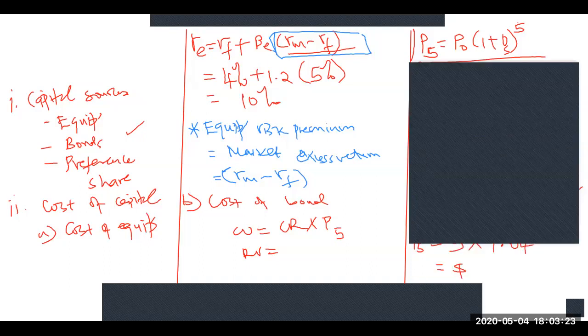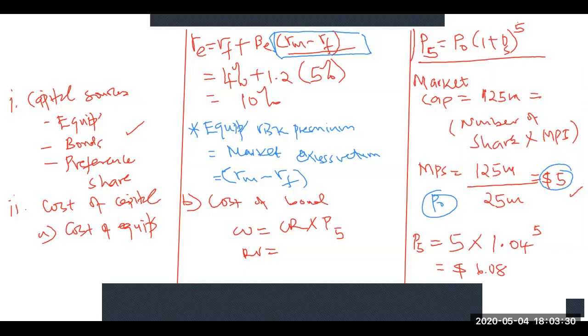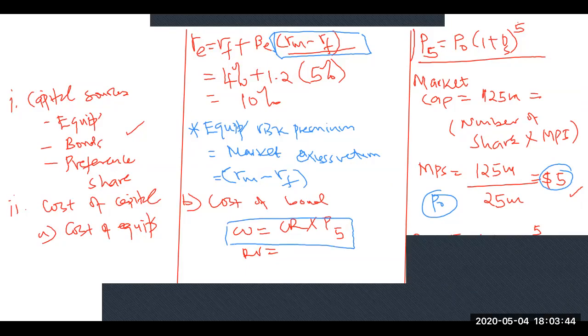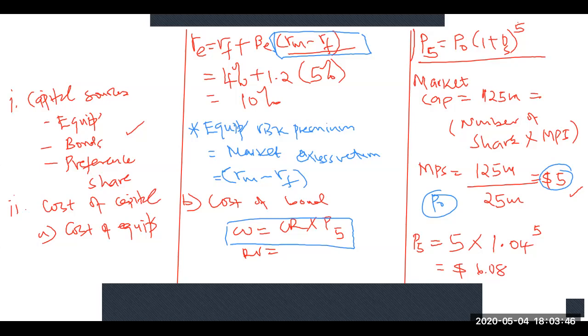We do get 6.08, the share price in 5 years' time. Now, having known the share price, we can estimate what is going to be the total market value of those shares the holder is going to get then. Since we know the conversion ratio, the number of equity shares that you get, and now the share price, we can estimate the conversion value.